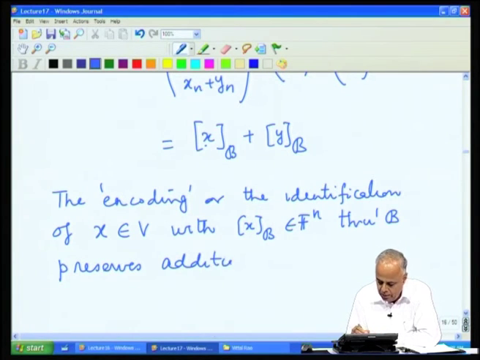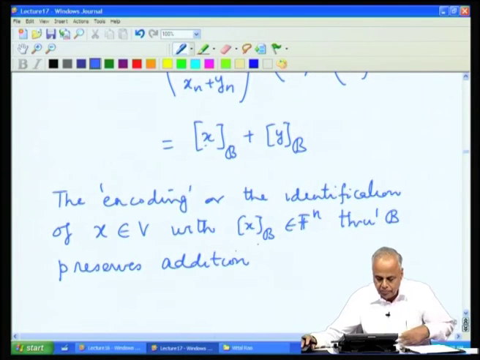That is, you can add and identify, or identify and add. These two are commuting operations.